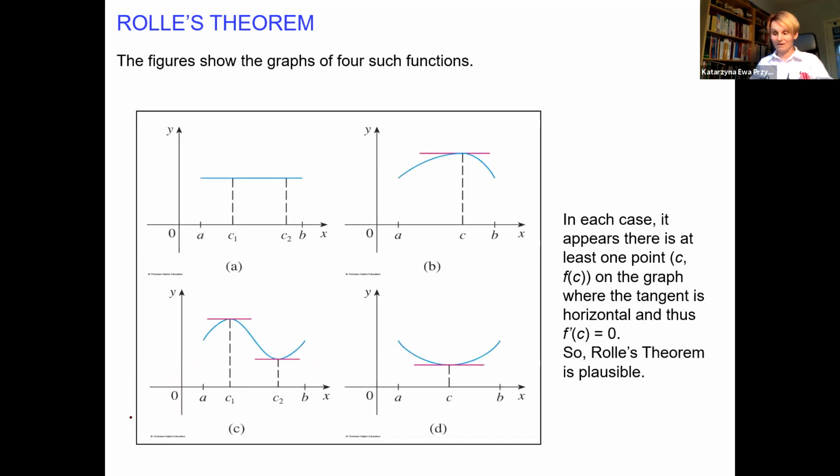Okay, and I do have a couple of examples. Like we can see this is between A and B. And the pink line represents the tangent line at the point C. And each point C falls in the interval A and B. And we can even have two of those points.